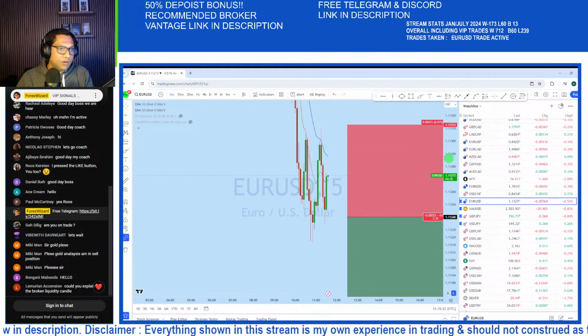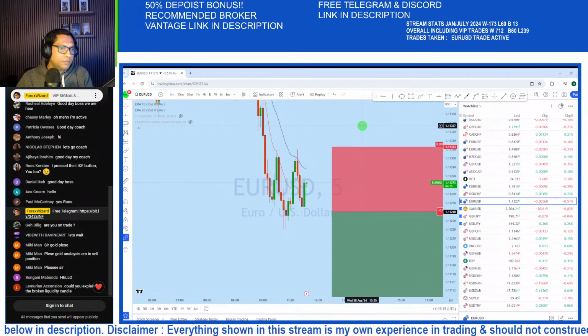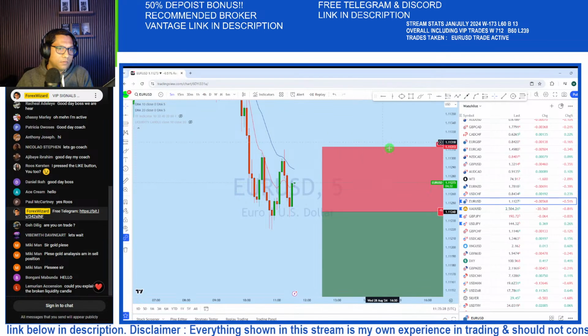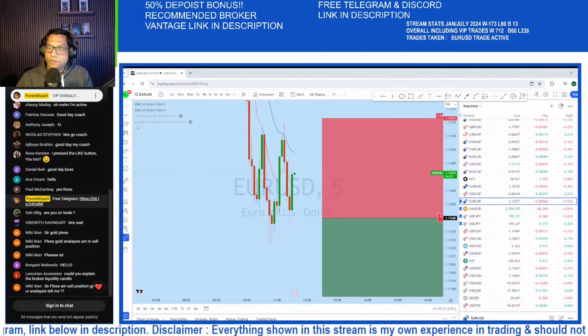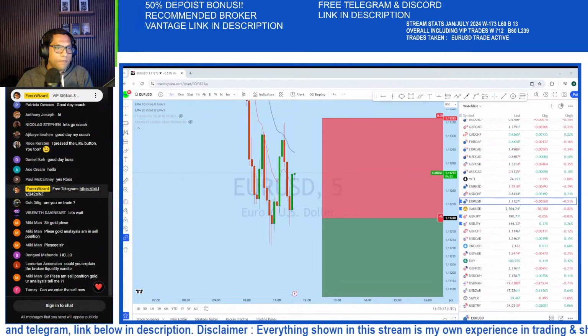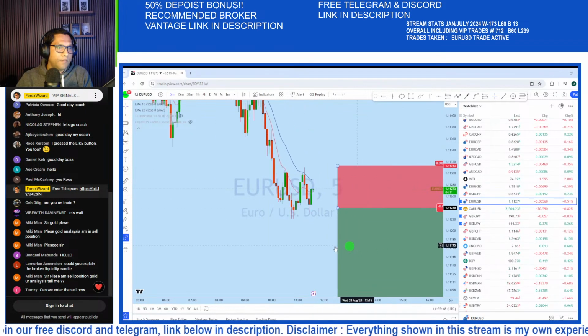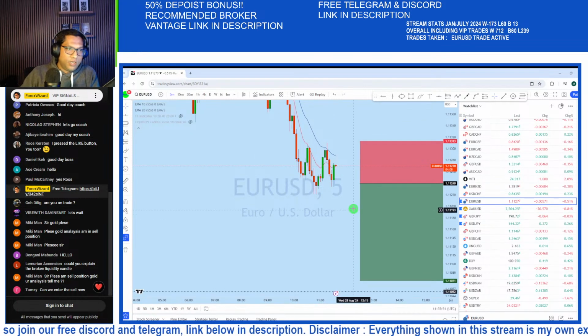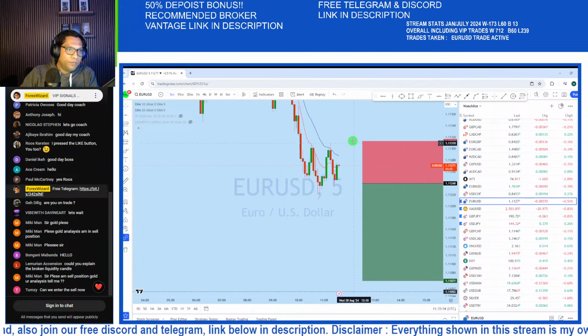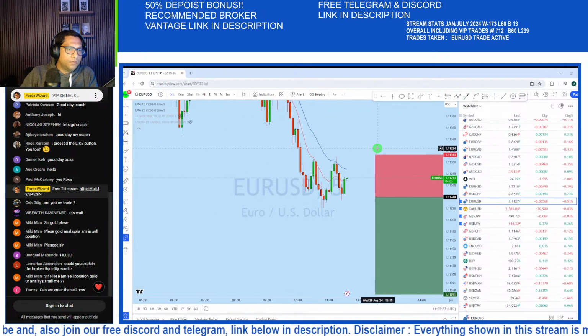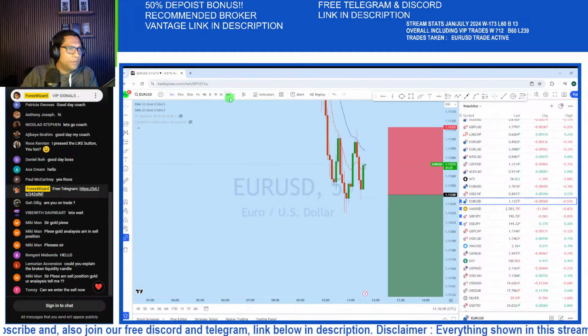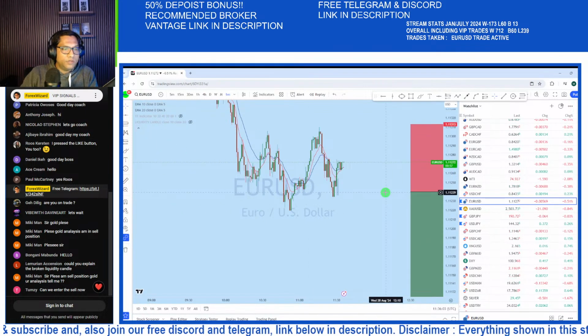So there's a 5 minutes candle closed. I would like to see that euro dollar is being able to break below. It's very choppy at the moment.